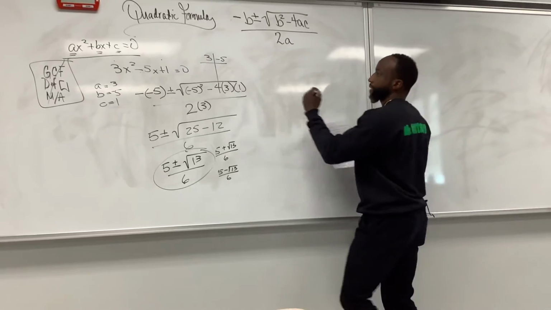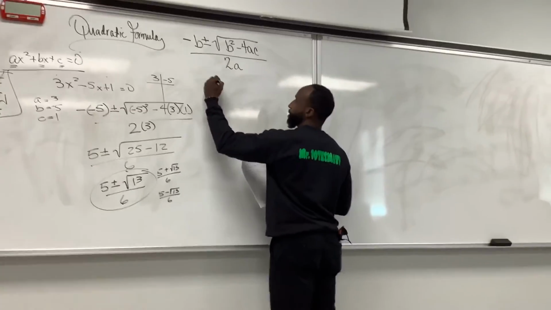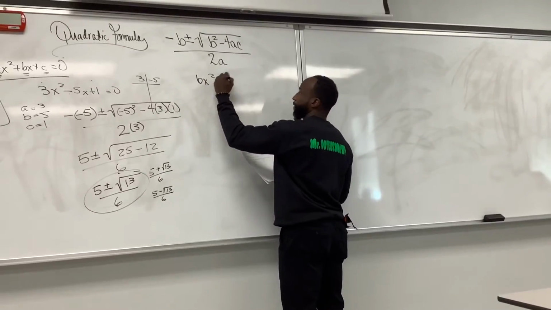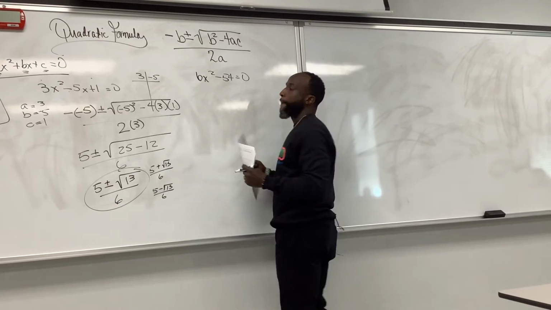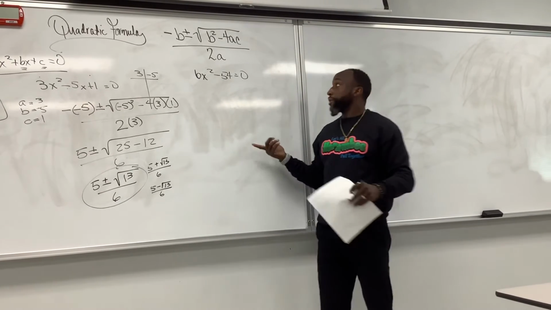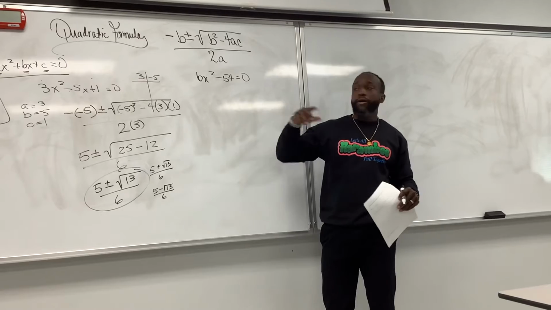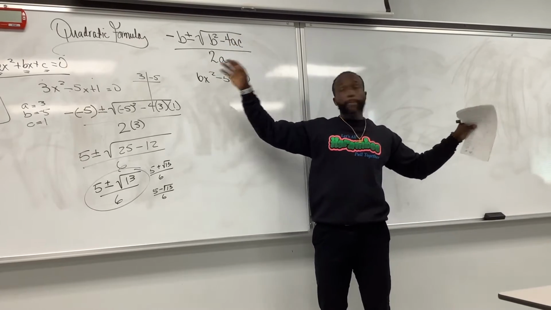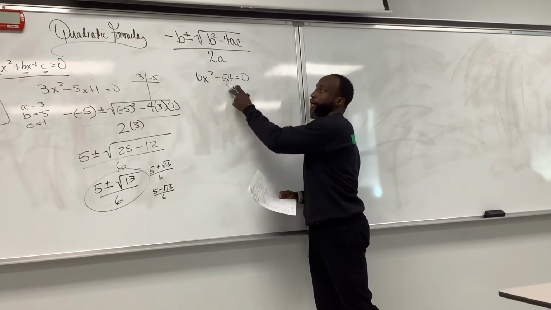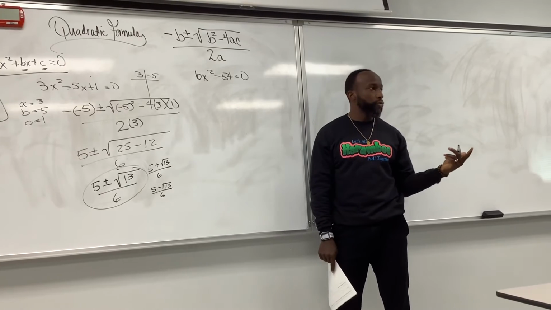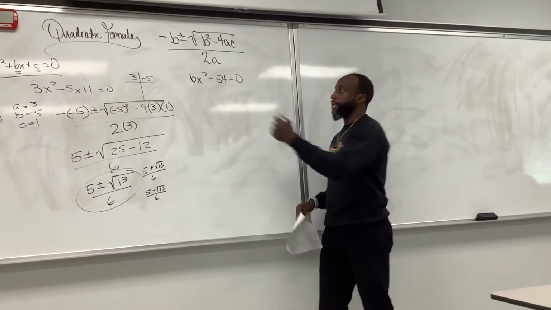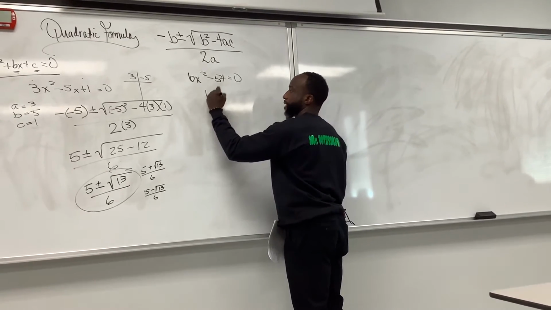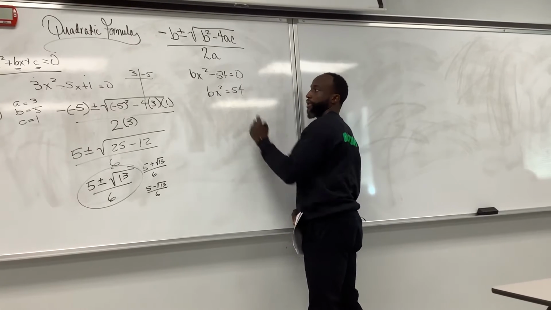Let's look at number 2. It says 6x squared minus 54 equals 0. Now, you could solve this several ways. You can add 54 to both sides, so you get 6x squared equals 54.